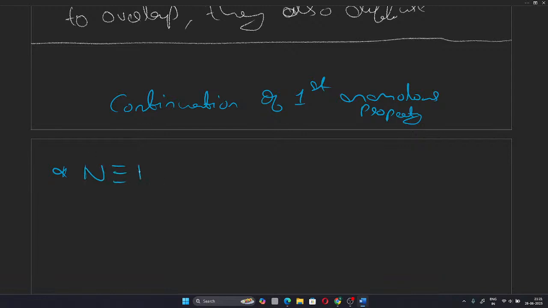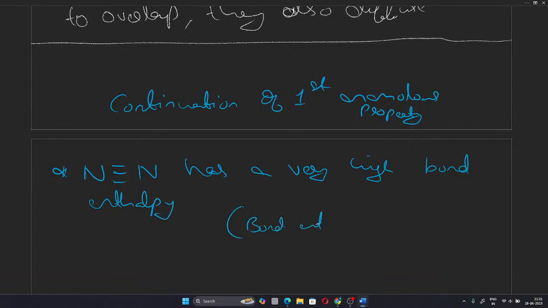N triple bond N has a very high bond enthalpy because bond enthalpy is proportional to bond order.